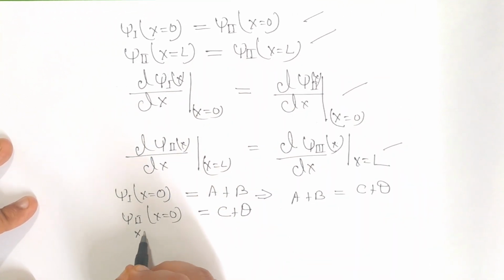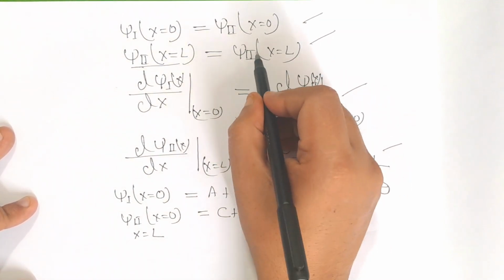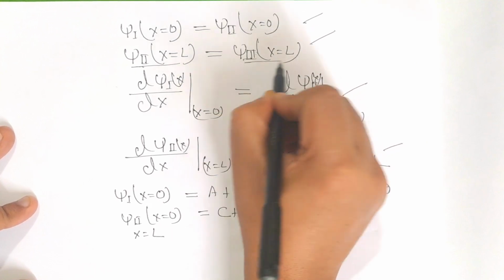Again, when x is equal to L, in that case psi 2(x=L) is equal to psi 3(x=L).